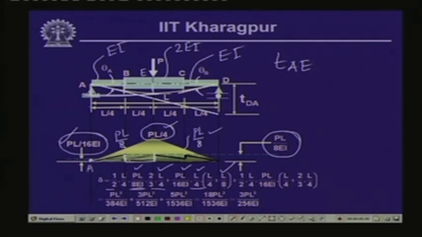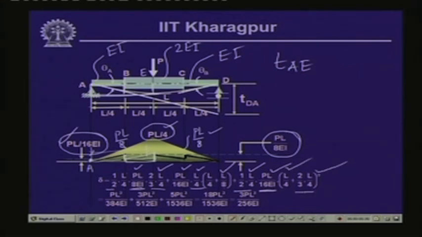And thirdly, we have this triangular area, which is half times L by 4 as the length, and PL by 8 EI is the total ordinate minus PL by 16 EI. So, the balance is PL by 16 EI, and the moment arm of the CG of this particular area with reference to A is L by 4 plus 2/3 of L by 4.